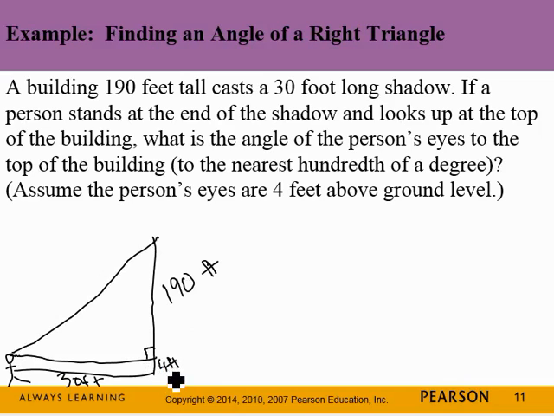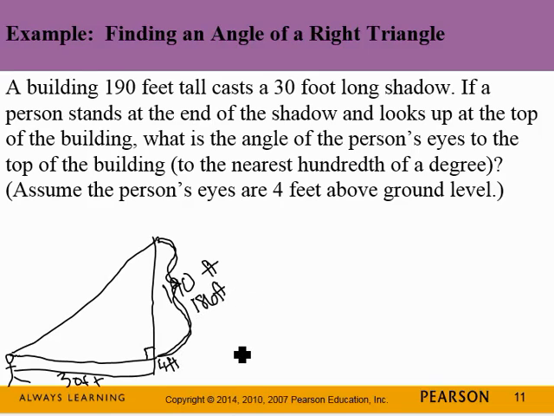So this is 4 feet right here. You want to think, what is this part of your building? Because this is the part you're really going to use. If it's 190 feet total, and they're 4 feet above the ground, your building, when you use this, is going to be 186 feet.